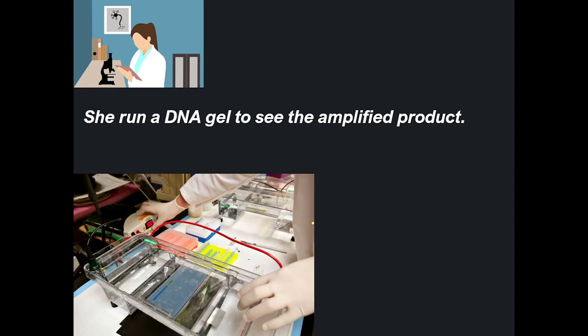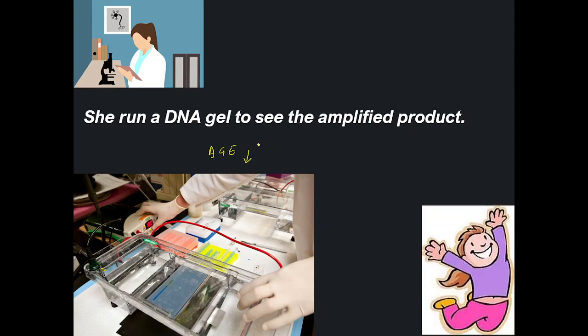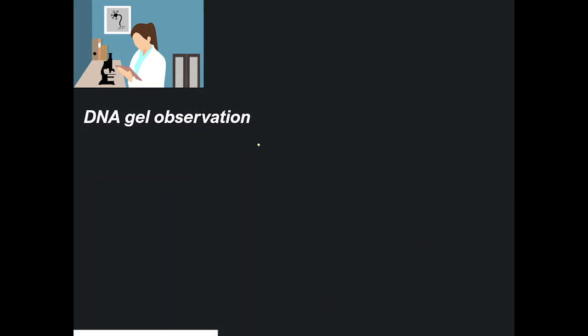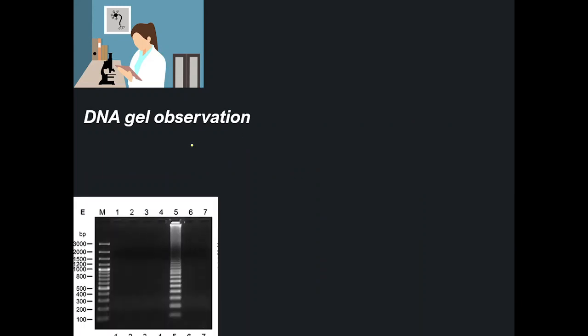She ran a gel, the same agarose gel electrophoresis, to see the amplified product, and she was very excited before running the gel. When she ran the gel, she observed something like this.